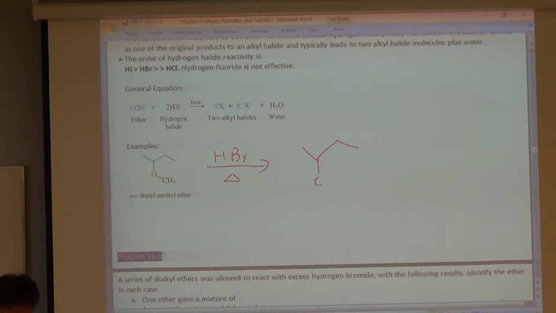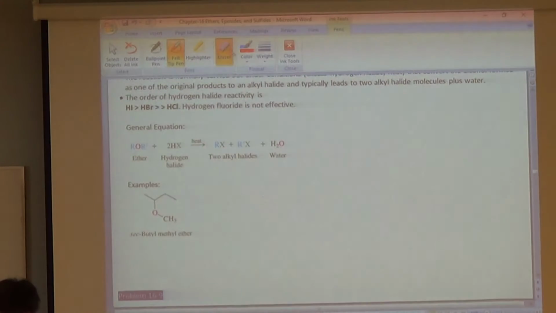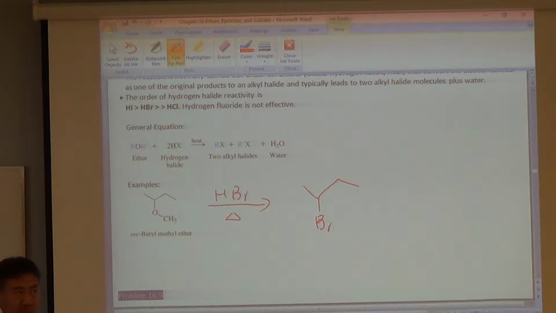Initially there's oxygen here, so this bond breaks, and this becomes the Br. Then the other oxygen-carbon bond also breaks, and you produce BrCH3. The other side product is H2O.